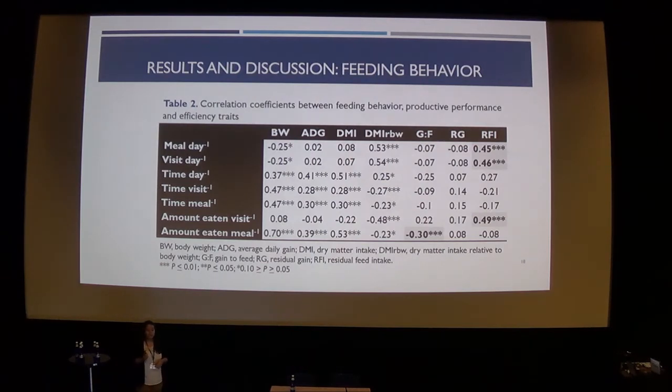But what's interesting here, and it's also highlighted at the bottom, are those contrasting associations between residual feed intake and the amount eaten per visit, and gain of feed with the amount eaten per meal, that altogether they might be indicating that animals, regardless of the efficiency measure, that perform better, they would have a lower amount of meal consumed, and somehow they would still compensate that by performing better.